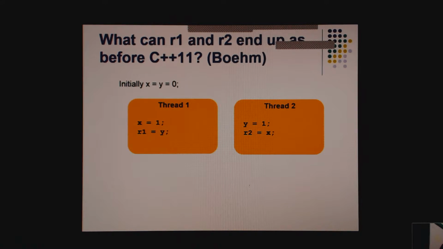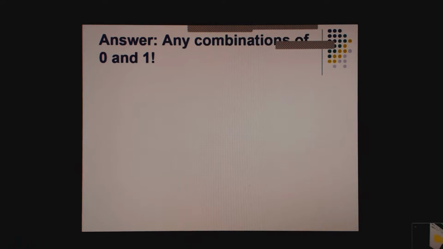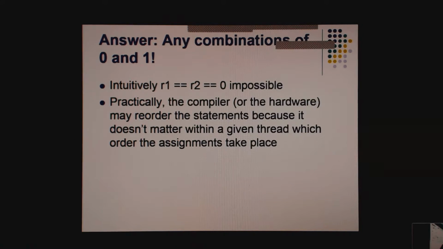If X and Y are both 0, when thread 1 and thread 2 have completed, what can you say about R1 and R2? You are correct, but it doesn't seem correct because logically you can't have both R1 and R2 be 0.